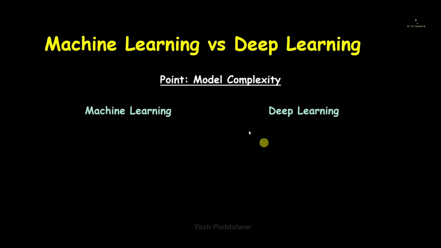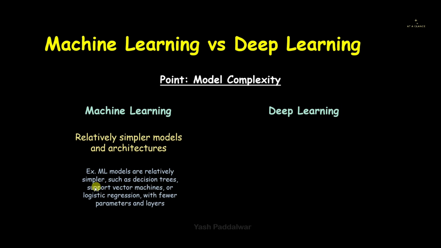Now let's move on to the third difference, and the point here is model complexity. When it comes to the models made through machine learning, they are relatively simpler models, and their architectures are also simpler. For example, the models made through algorithms like linear regression, decision trees, support vector machines, and logistic regression have fewer parameters and layers, and are relatively simpler.